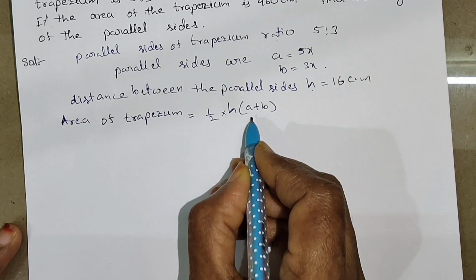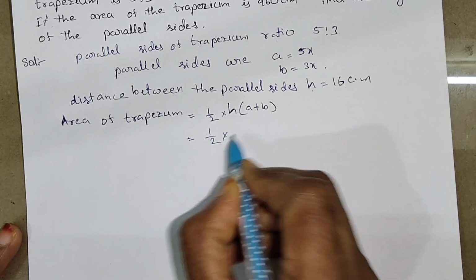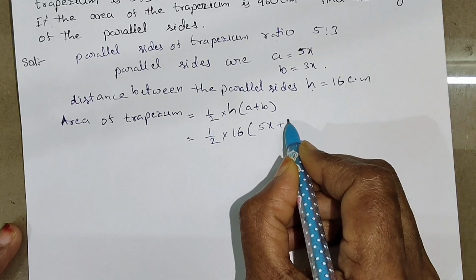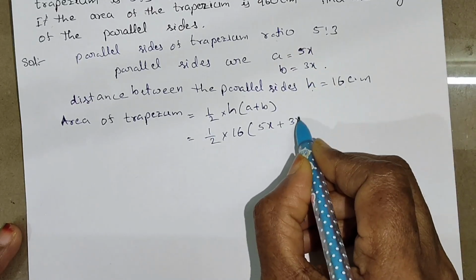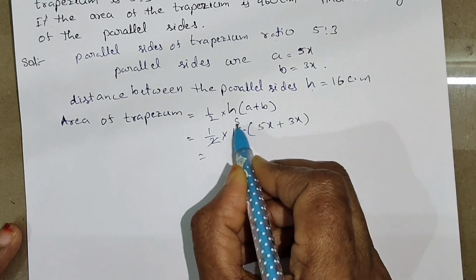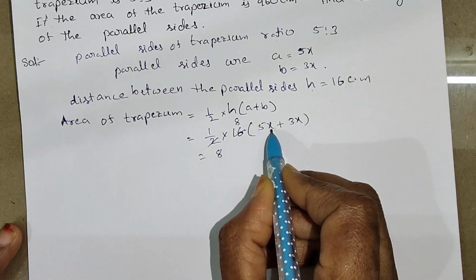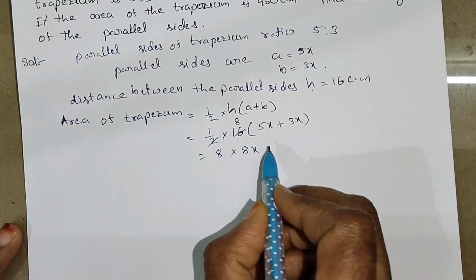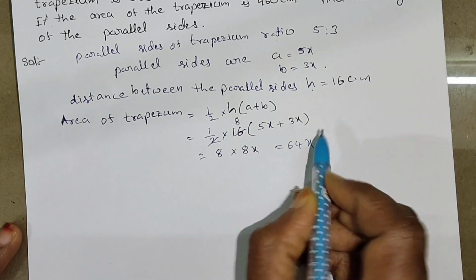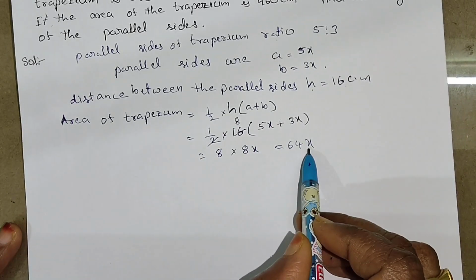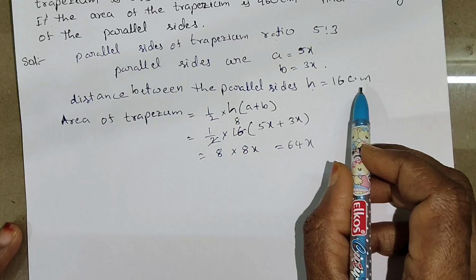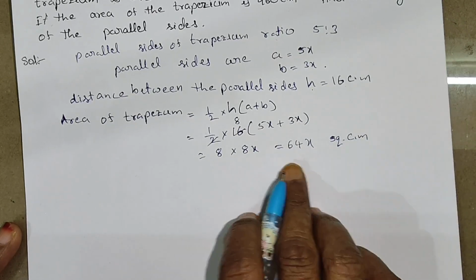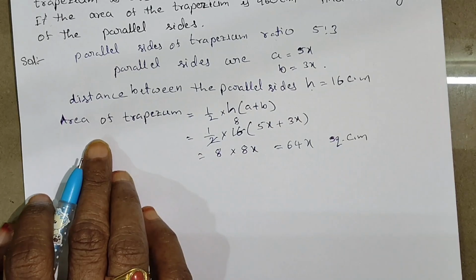So these values substitute here. 1/2, h equal to 16, a equal to 5x plus b equal to 3x, that equal to 2 1s are 2, 2 8s are 8 into 5x plus 3x, equal to 8 into 8x. So here this is equal to 64x. This is the area of trapezium, 64x square centimeters is the units.